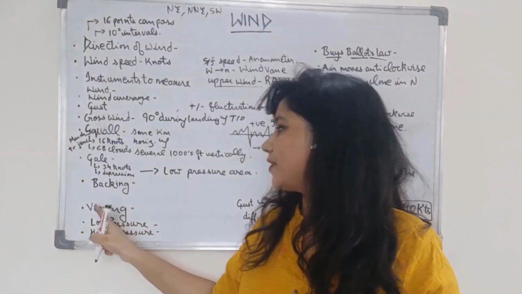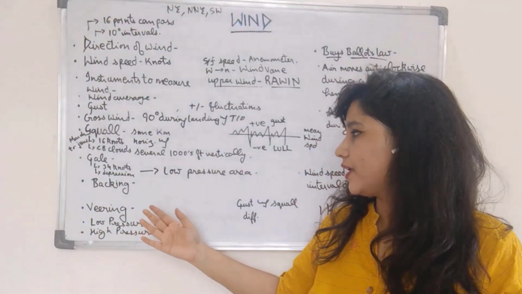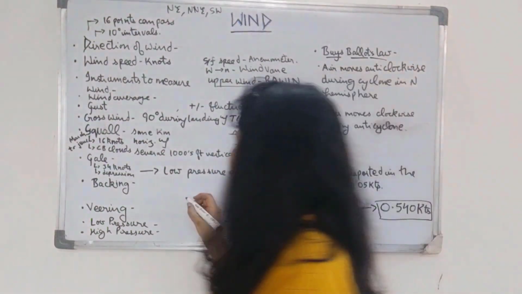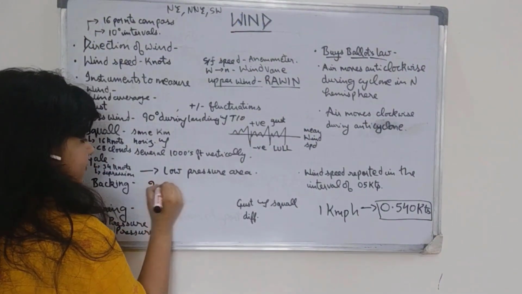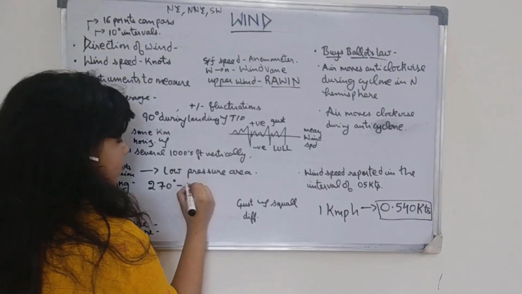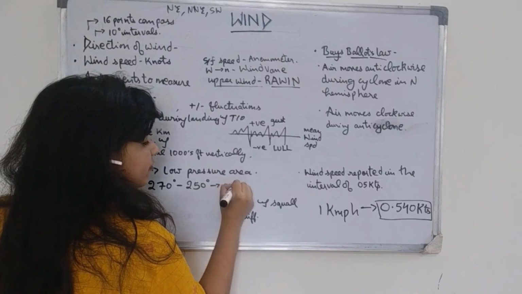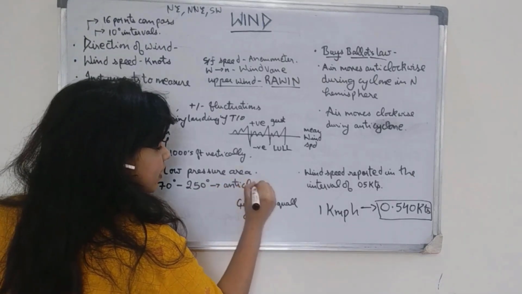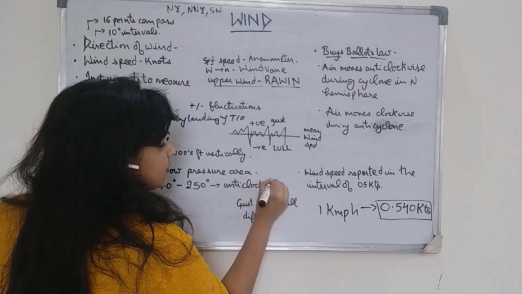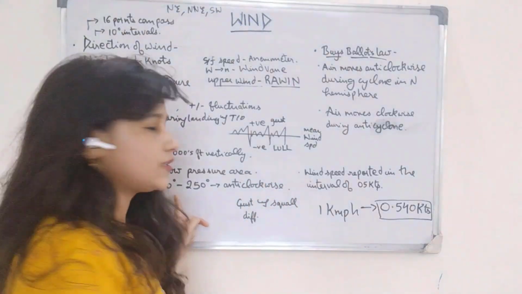The other terms that we use are backing and veering. Backing is when, suppose the direction of wind goes from 270 degrees to 250 degrees. It means the direction of wind becomes anti-clockwise, then it is backing. And veering is just the opposite.